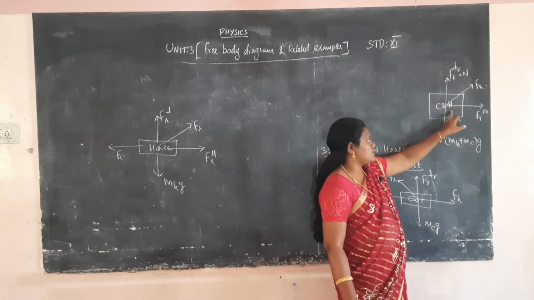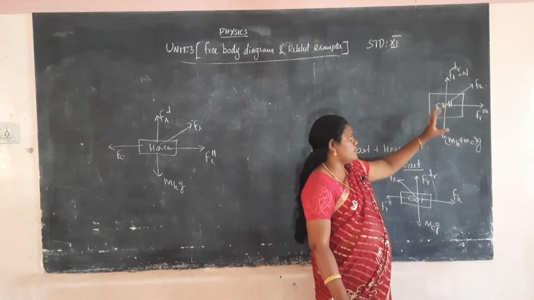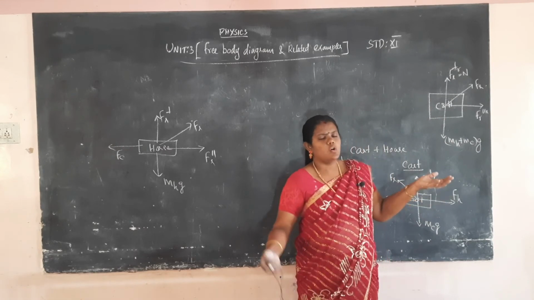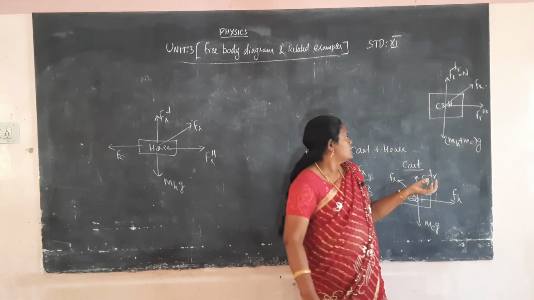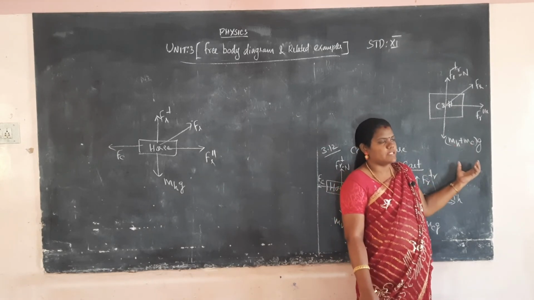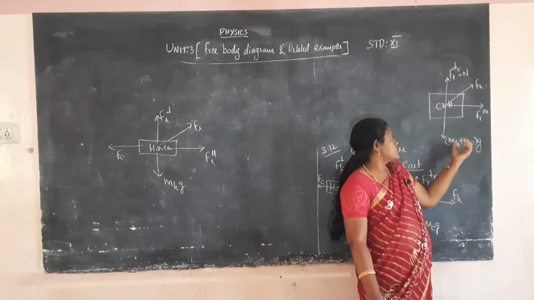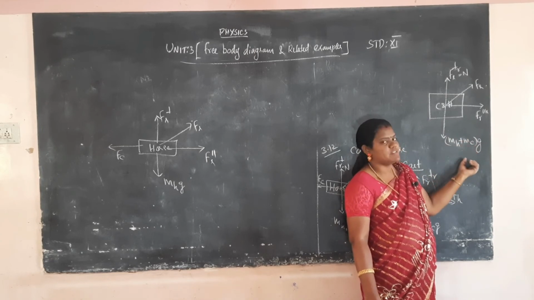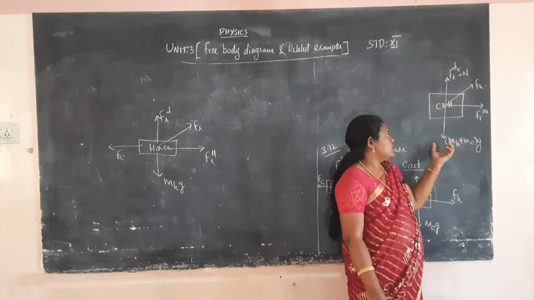Cart and horse, we consider as one system. In the same way, the cart and horse together are one system. So the weight will be acting downward, that is the gravitational force applied by the cart and horse. So the mass of the horse plus the mass of the cart into g, (mh plus mc) into g, is the gravitational force.